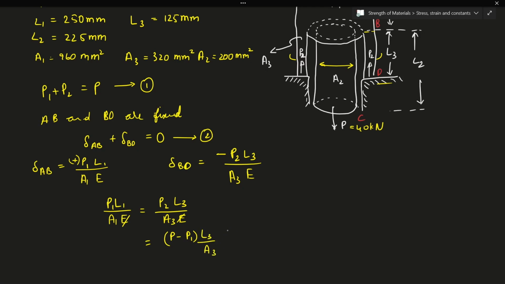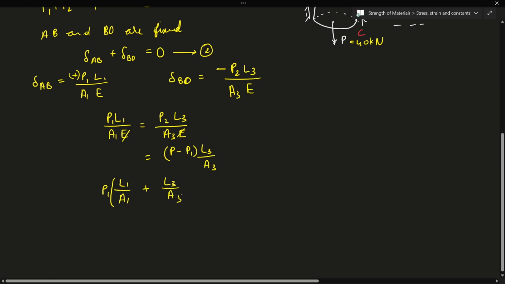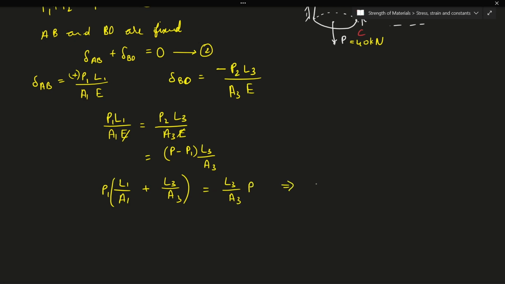Now if I take all the P1 to the LHS, I'll be having P1 into L1 by A1 plus L3 by A3, that will be equal to L3 by A3 into P. And now if I simplify for P1, P1 will be equal to A1 L3 P divided by A3 L1 plus A1 L3.